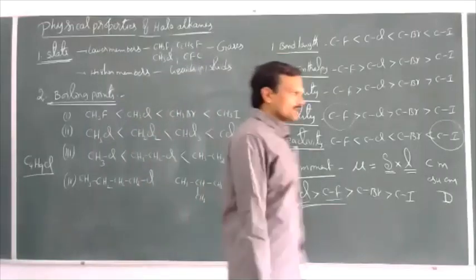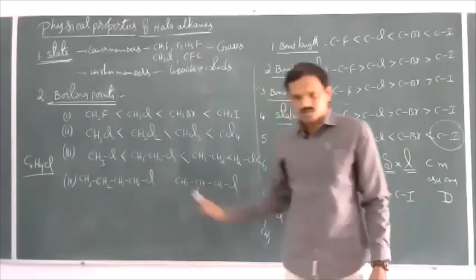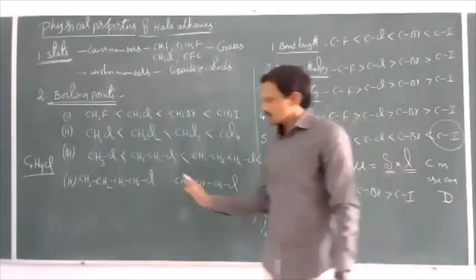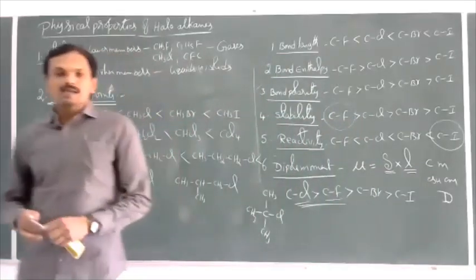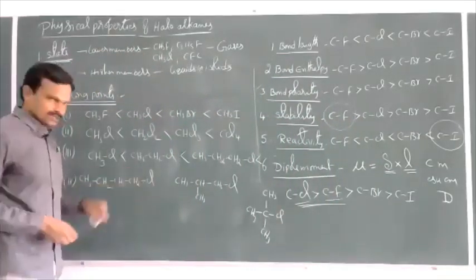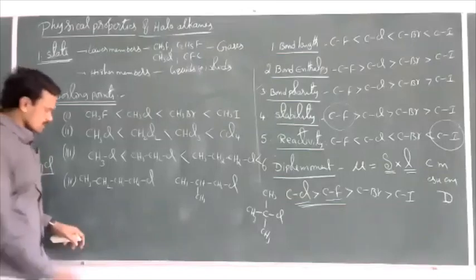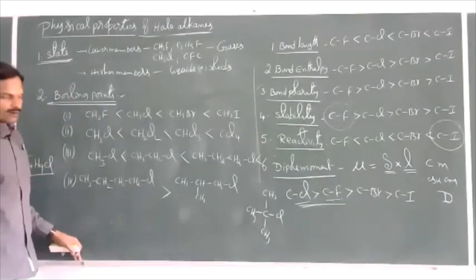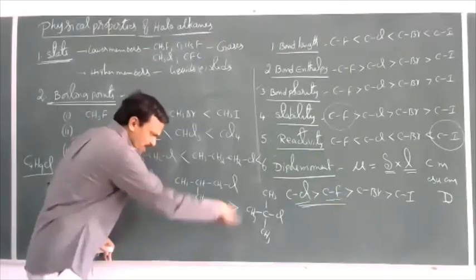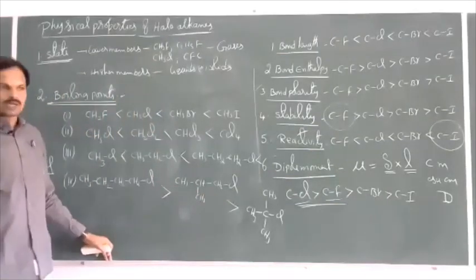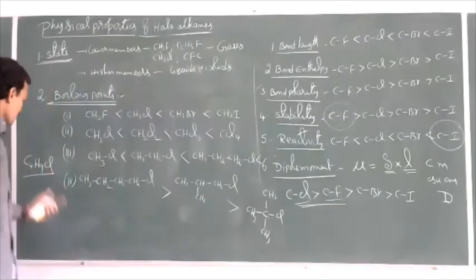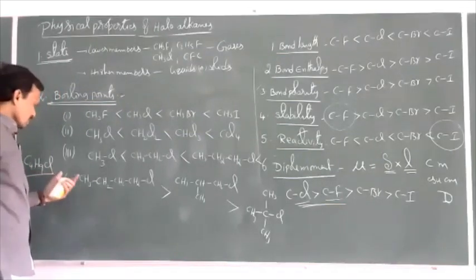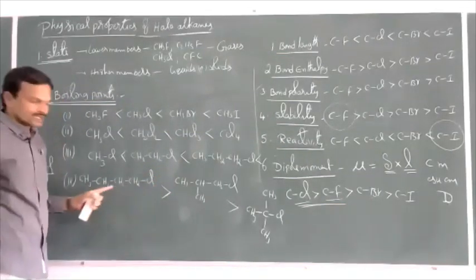The molecular formula is the same, but these are structural isomers, nothing but chain isomers. So for the same compound, as the number of branches increases, the boiling point decreases. So among these, the order of boiling point is n-butyl chloride less than isobutyl chloride less than tertiary butyl chloride. So your molecular mass is the same, then why are the boiling points different here?